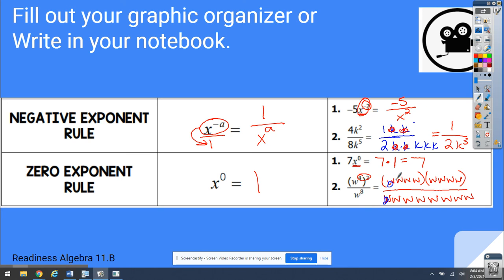These two cancel each other, these two cancel, and so on, all the way through. If you notice, every single one of them canceled out. And you can't just leave it as a 0. If I have nothing left up here, there's going to be a 1 up here, and if I have nothing left down here, there's going to be a 1 down here. So 1 divided by 1 would equal 1. And that's kind of what the 0 exponent rule is saying for our example.